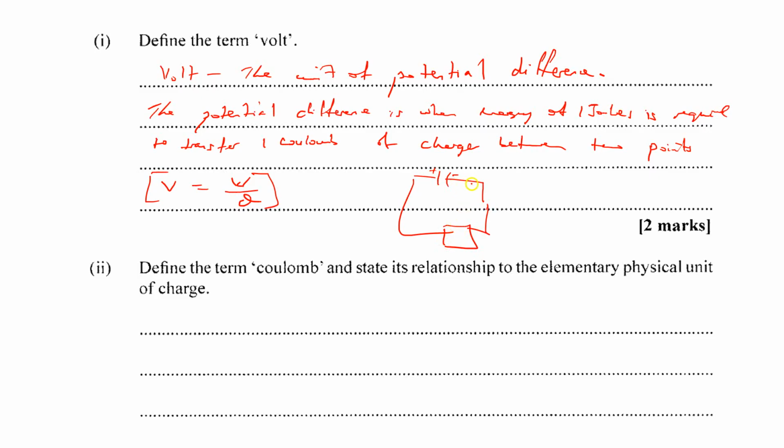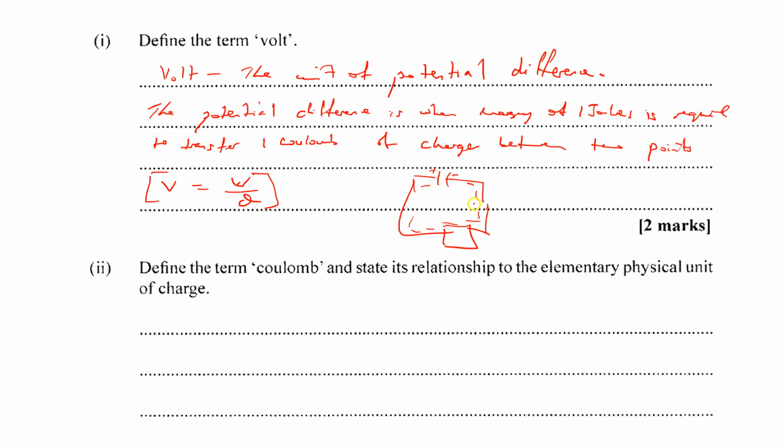Clearly, in order to move the electrons from one point to the next, which are basically the charge, you would need energy to do so. So 1 volt is simply put the amount of energy, 1 joule of energy, that would move 1 coulomb of charge. That's what 1 volt is.